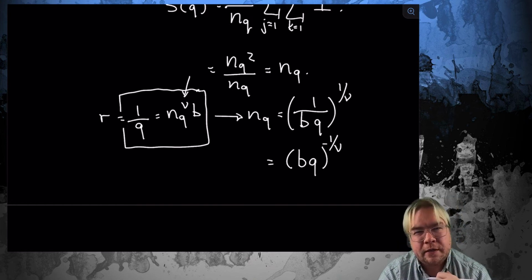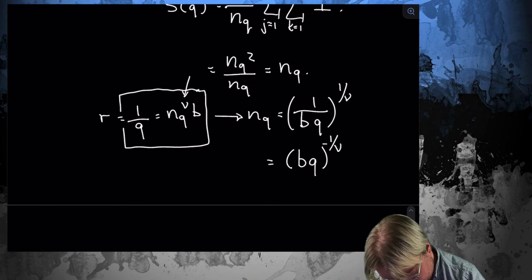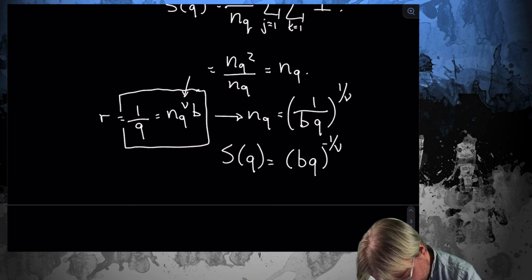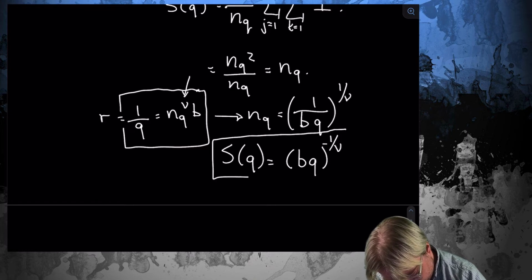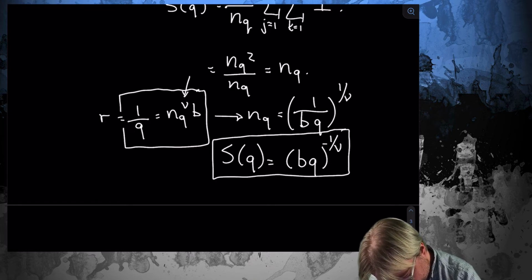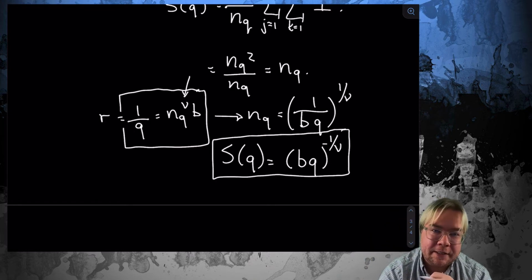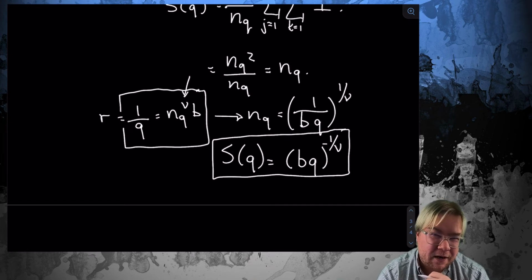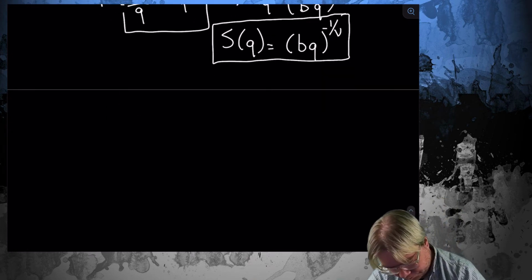Does this look useful yet? Well, remember, this is n sub q. This is also S of q, and that's related to my scattering intensity. Is this useful or is this not? Well, let's look.